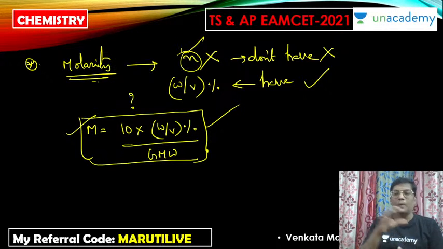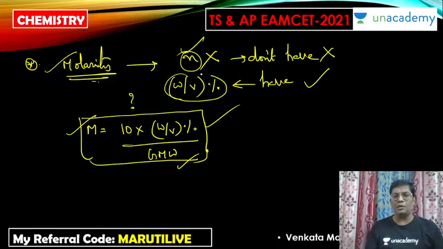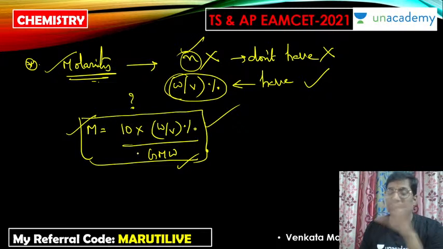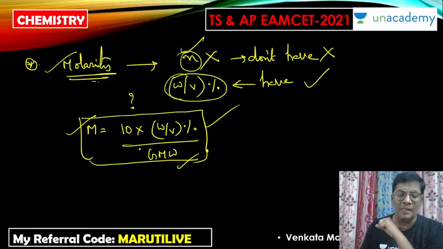GMW you know very well, that is gram molecular weight. నీ దగ్గర weight volume percentage ఉంటే you can easily calculate the molarity by using this formula.